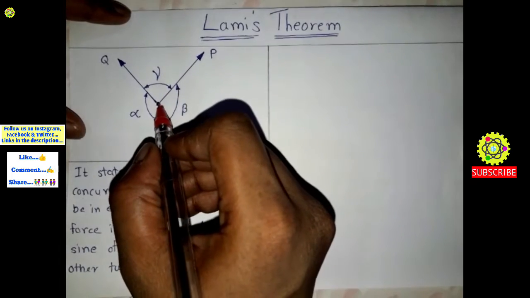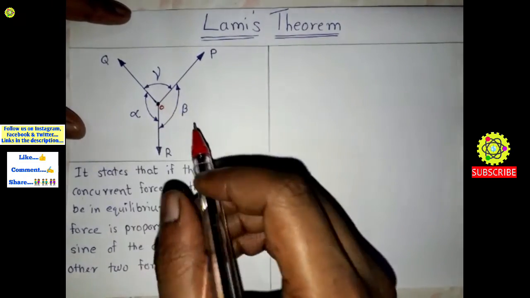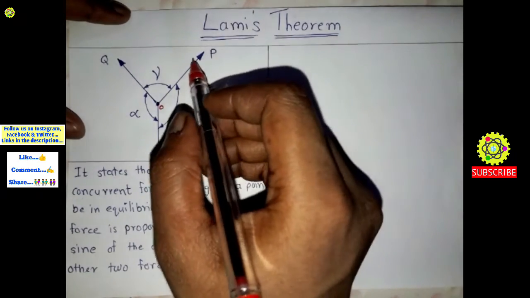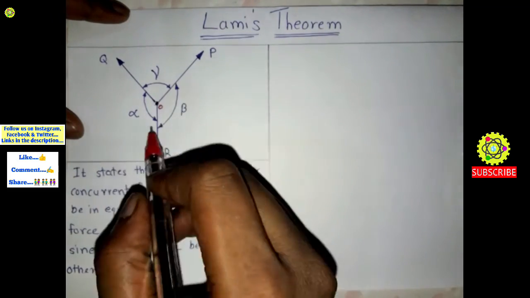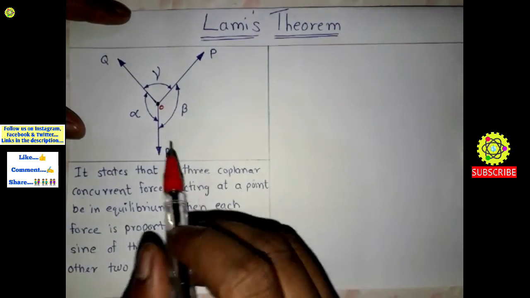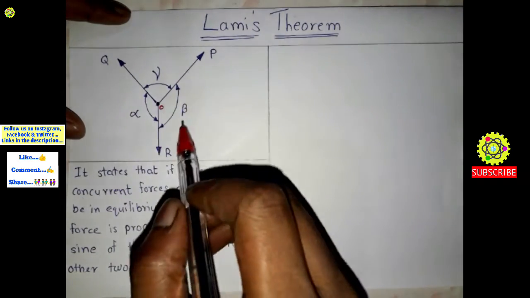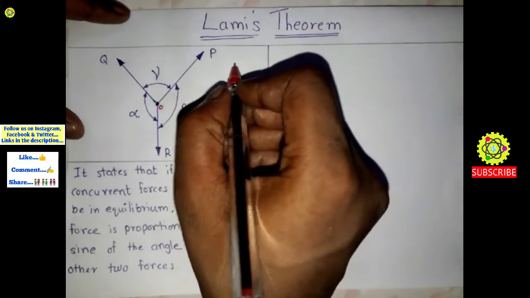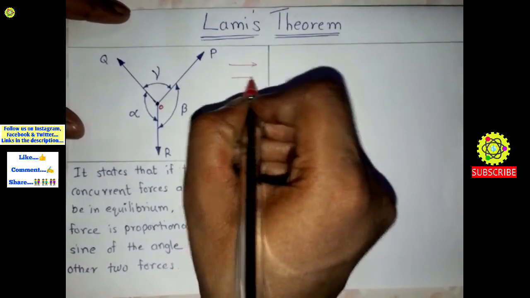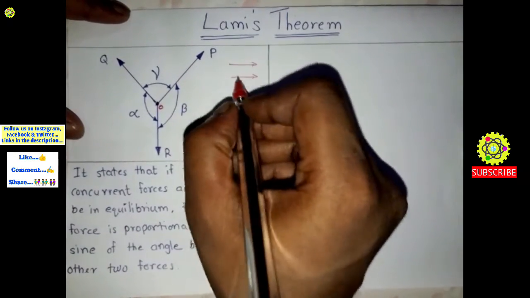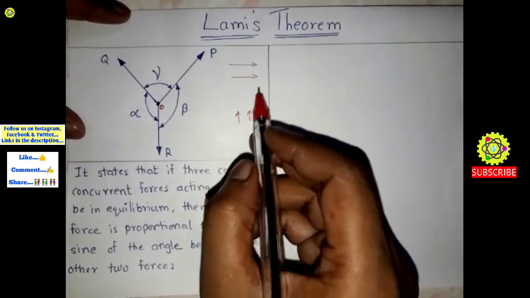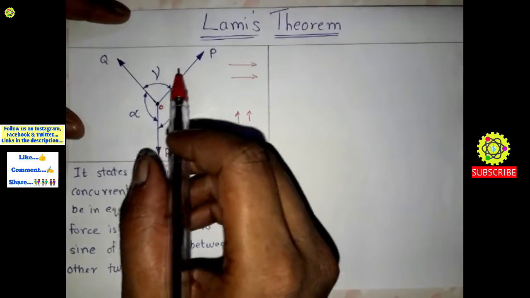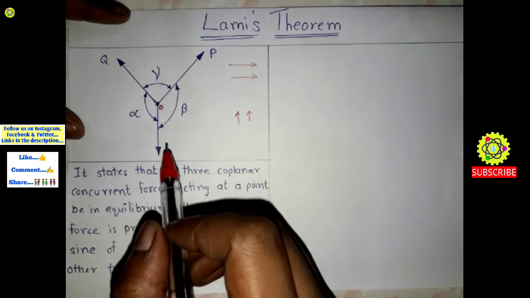So these forces are concurrent forces because these three forces are acting at a single point. And as you can see here, these forces are not parallel. Parallel means if forces are acting like this, or vertically like this, then these forces are parallel, but as you can see here, these forces are not parallel.